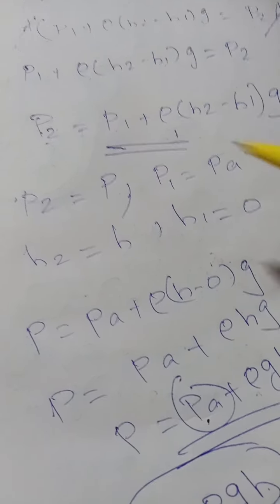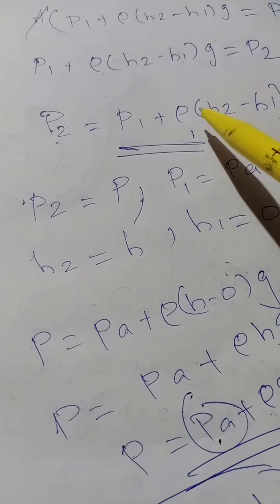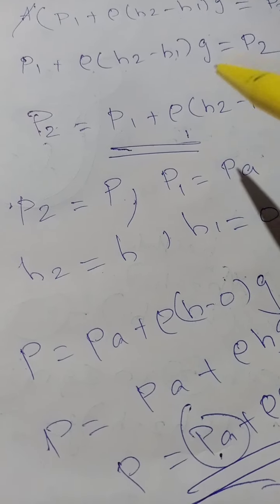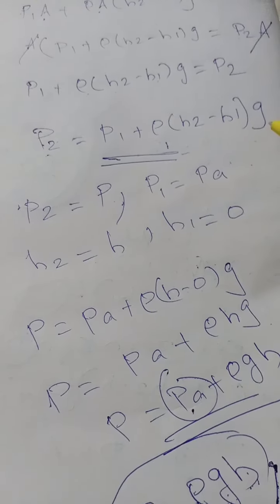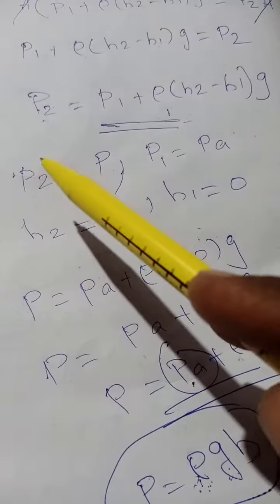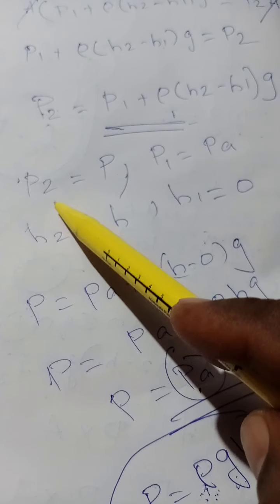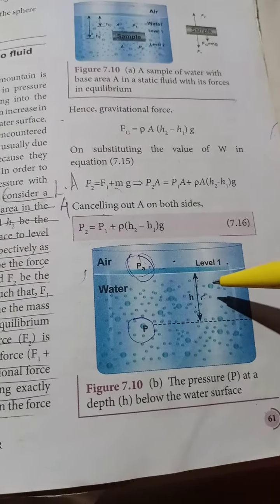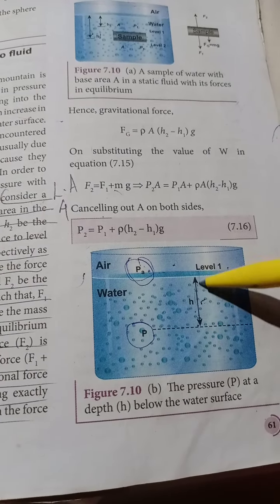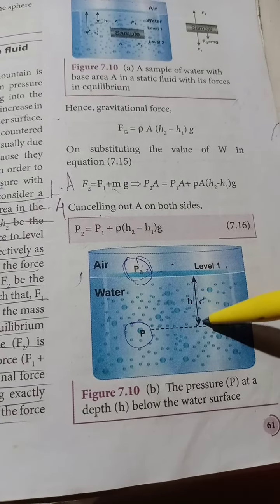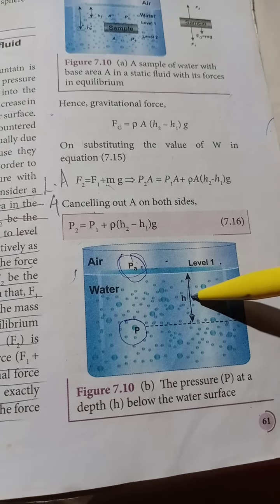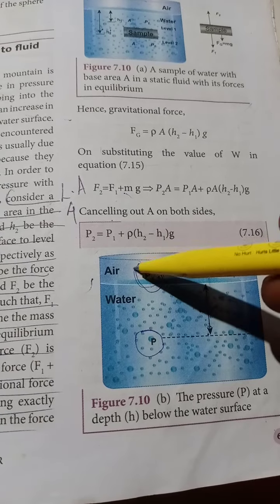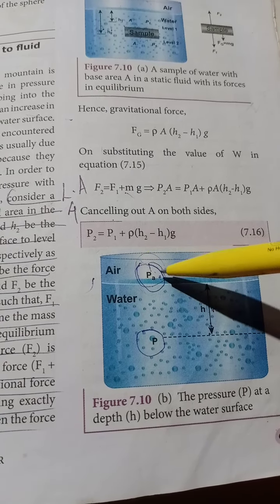So this will be the pressure when we keep an object inside the water. Now we can take a case like this, where we are changing the level. Here the height h2 we have taken as h, and height h1 is 0.